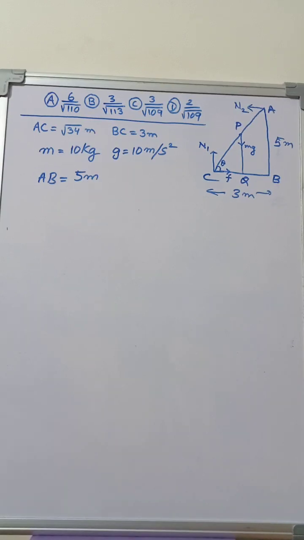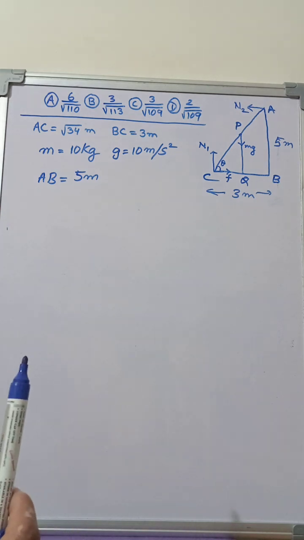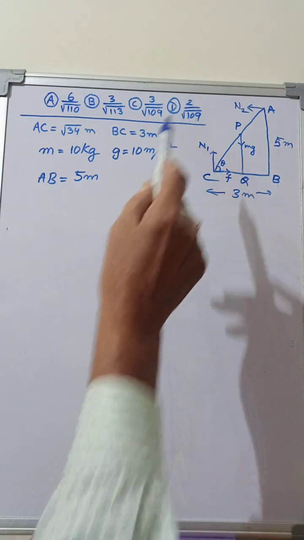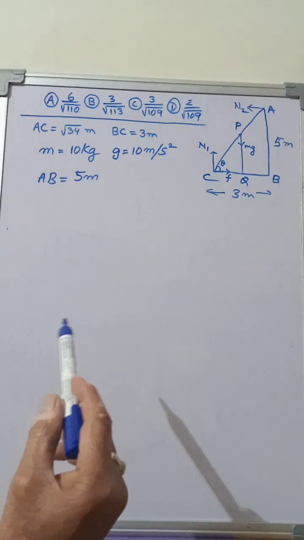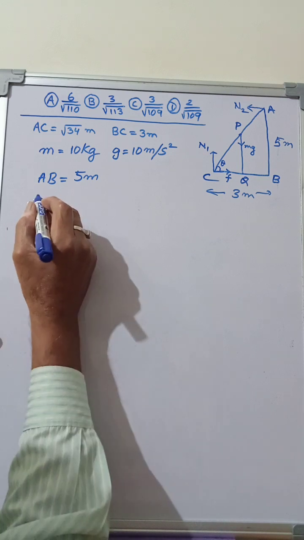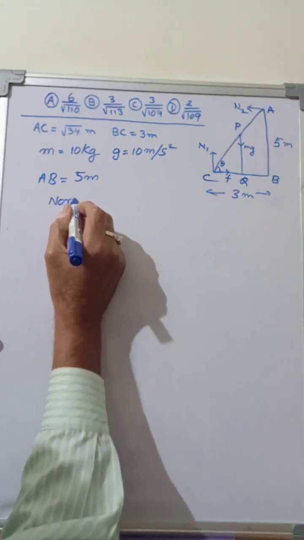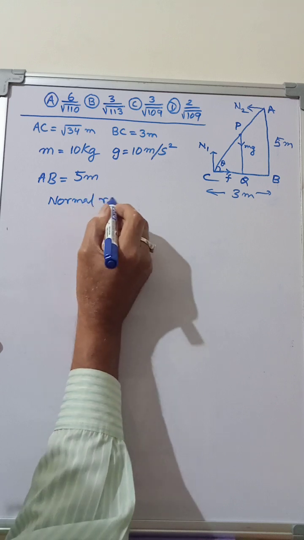Now let us consider the forces acting on the ladder. Normal reaction of the floor acting on the ladder is equal to N1, which is acting in the vertically upward direction.